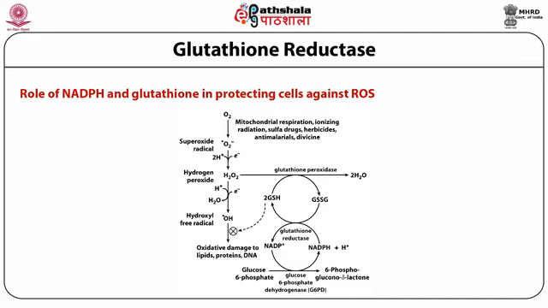GSH-dependent redox reaction catalyzed by the enzyme glutathione peroxidase, a high level of GSH and therefore a high level of NADPH are needed.